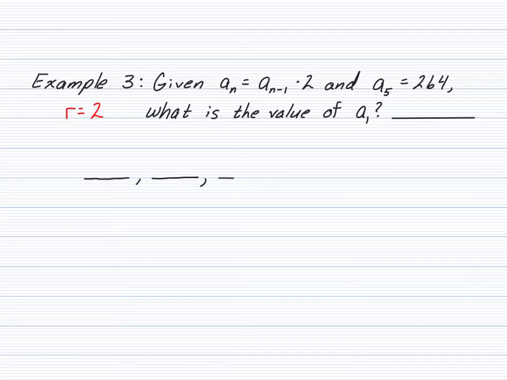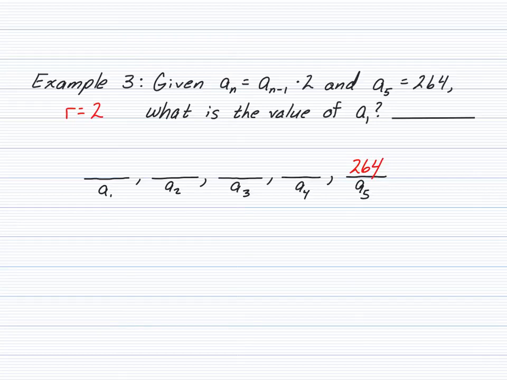We have 5 terms that we are dealing with. So I'm going to go ahead and write these down. A sub 1, 2, 3, 4, and 5. And our fifth term was given to us as 264.